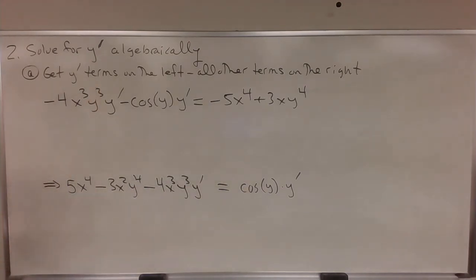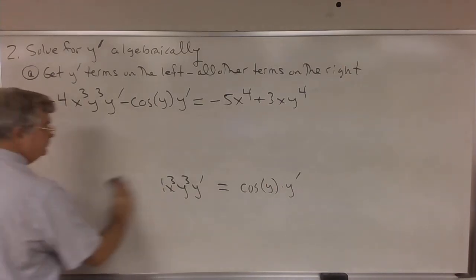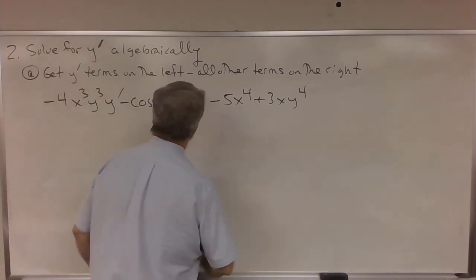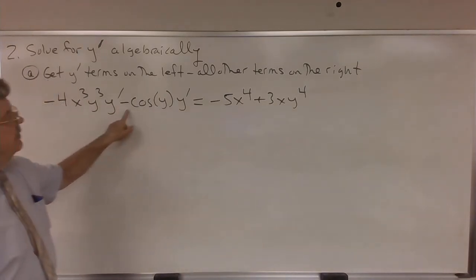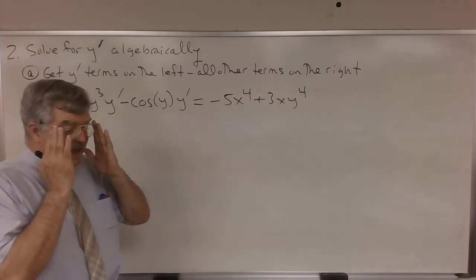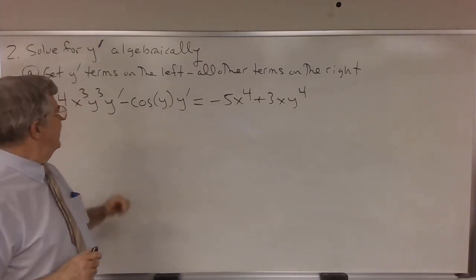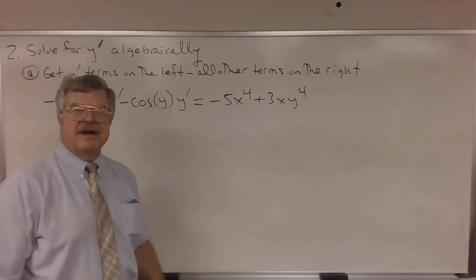I think we're good. You know what? I got a lot of minus signs here. I don't have to do what I'm about to do, but I don't like all these minus signs here, so I'm going to multiply both sides by -1.